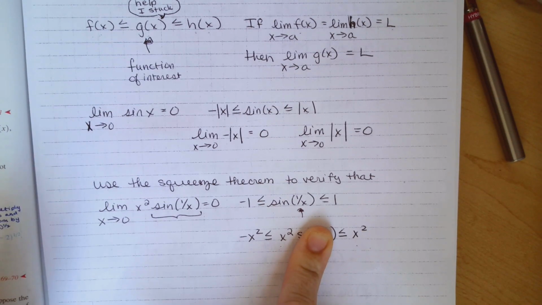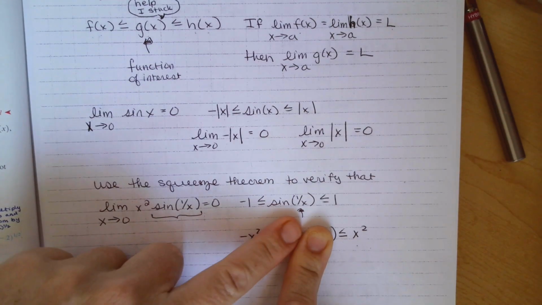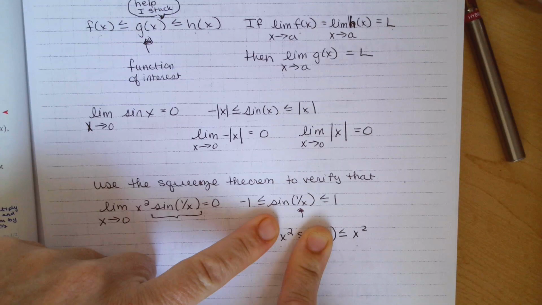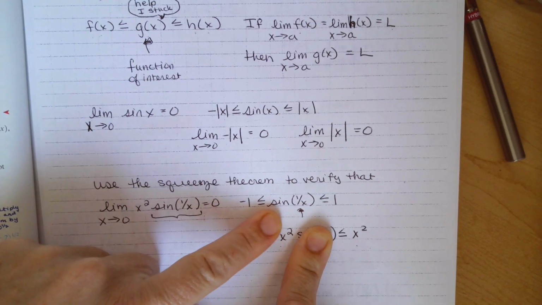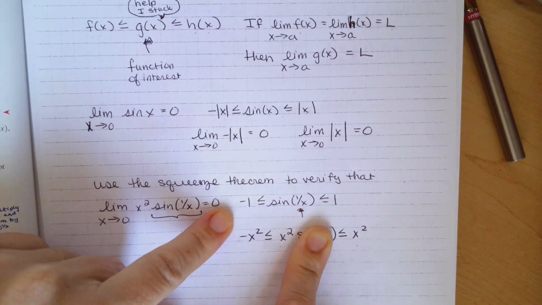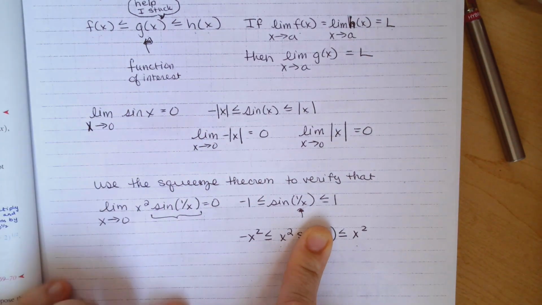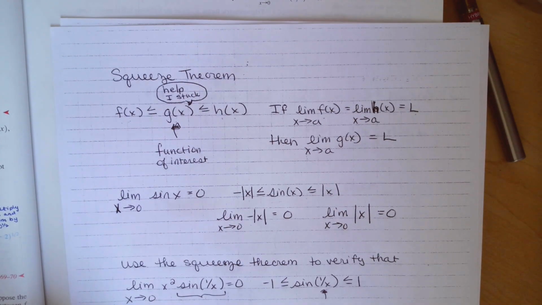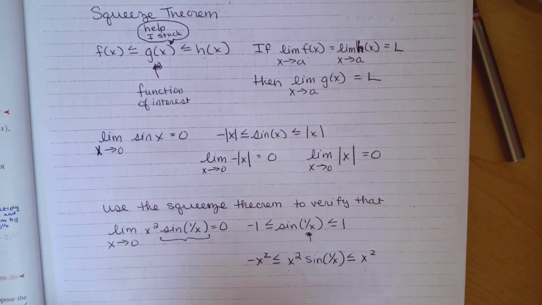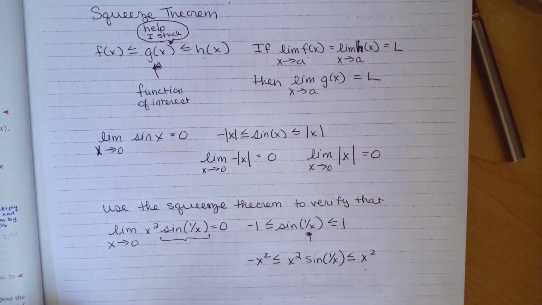So we can make that statement all alone. Then, depending on the value of sine 1 over x, you're going to be somewhere on either side.